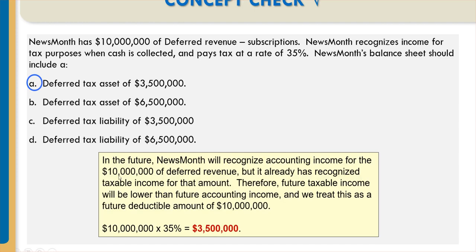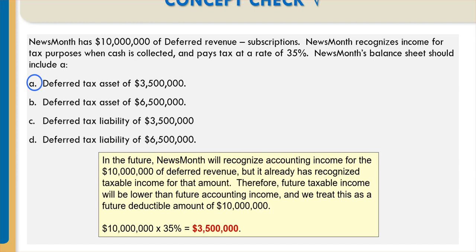So the explanation here is in the future they will recognize accounting income. They do not have the accounting income now, but they got the cash in. So if you are doing a fake little schedule, you would say pre-tax accounting income is 0, but on taxes, what will they have to pay the taxes on?